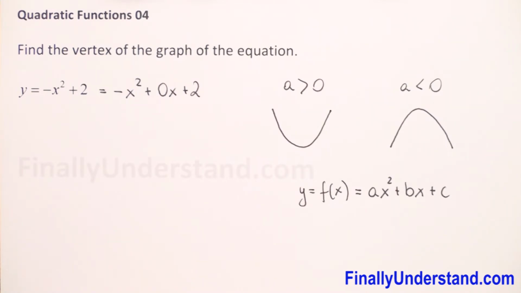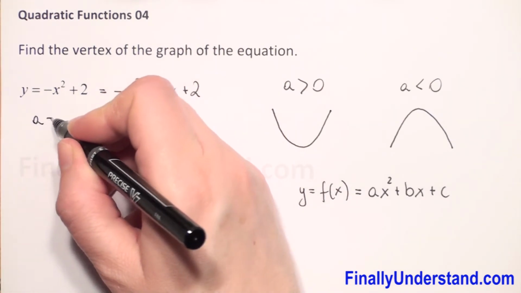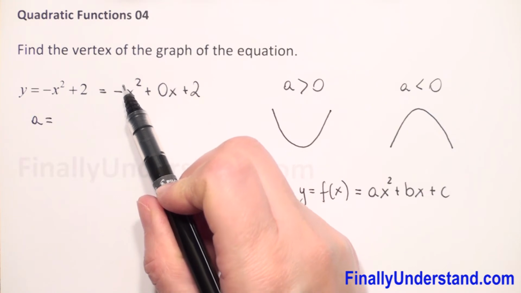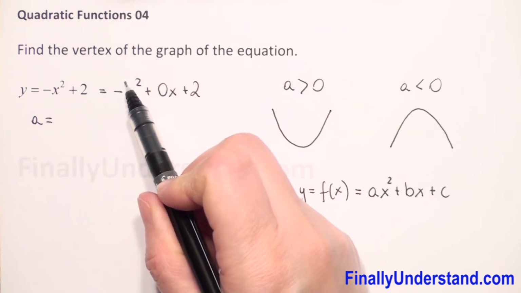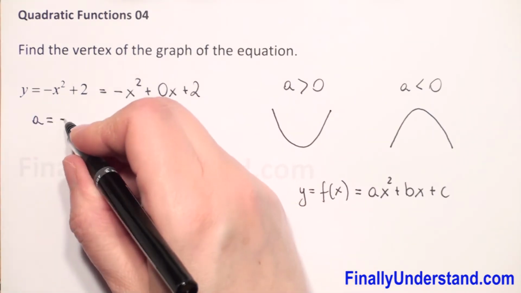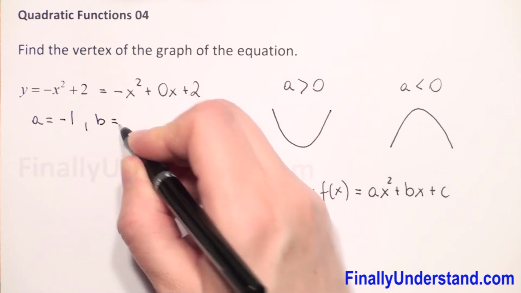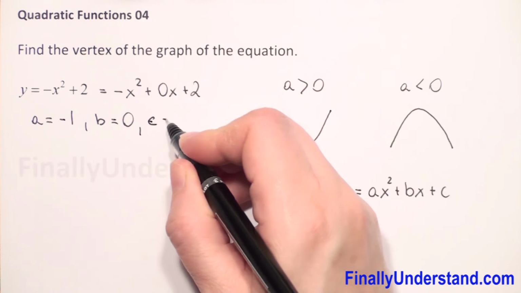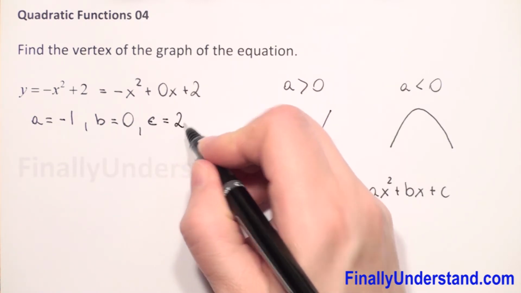And now it's very easy to read a, b, and c. A, like I said, is the coefficient before x squared. We have a negative, and when we don't have any number, it's always an invisible 1. So this is negative 1. B is equal to 0, the coefficient before x. And c is equal to the constant 2.